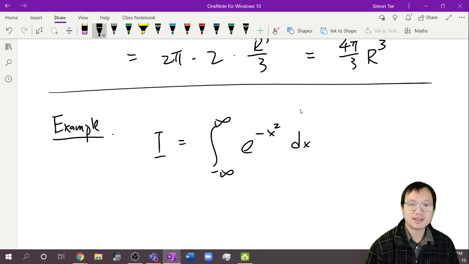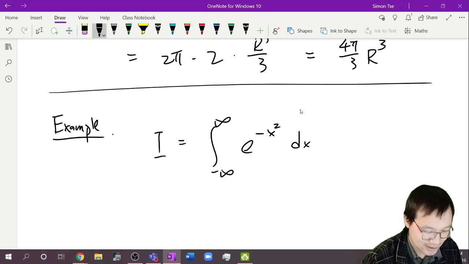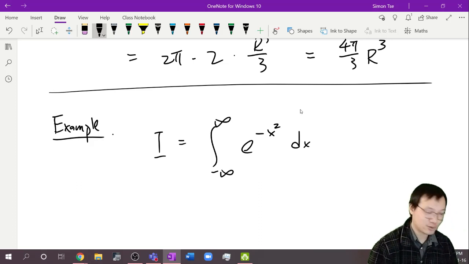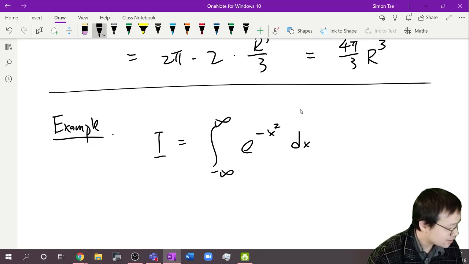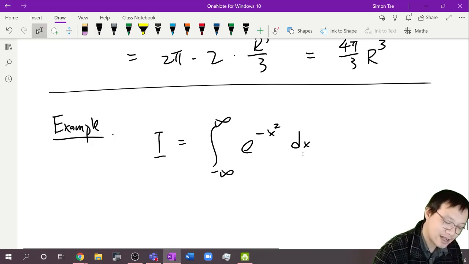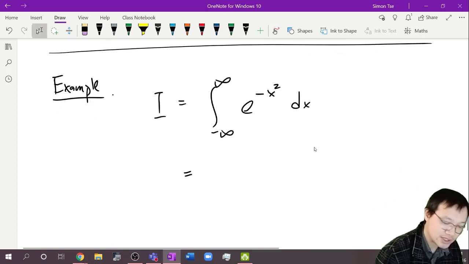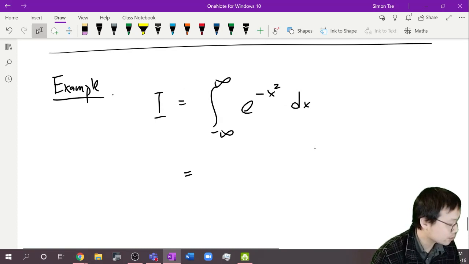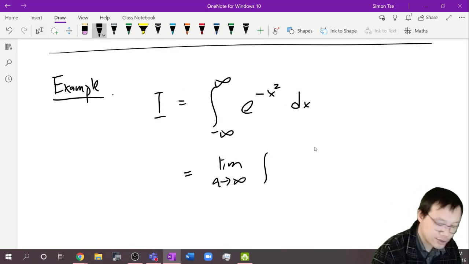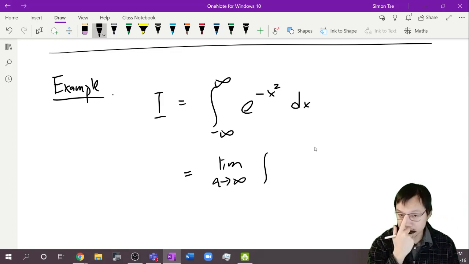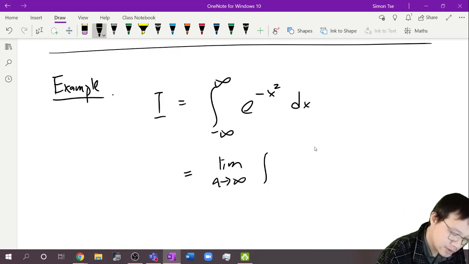Well, this is a single integration, not double, not triple. And it's improper. Now this is something that is slightly tricky, but it's good to see this because it's one of the fundamental integrals when you're doing probability, and it's done by Gauss. So by definition, this integral, when it exists, should equal the same thing as this.